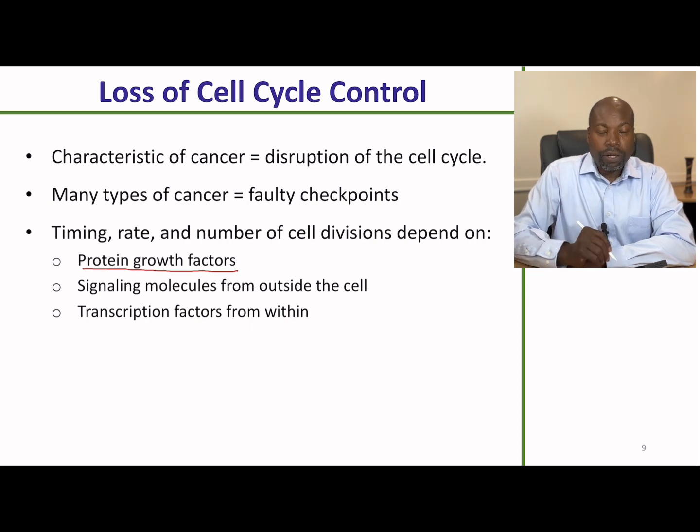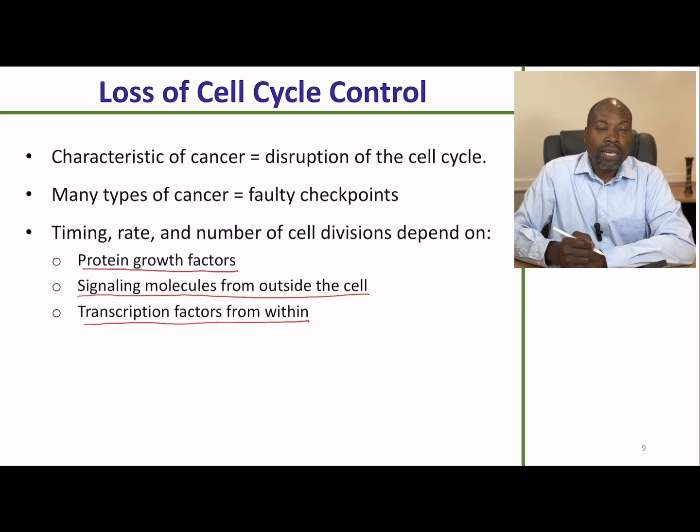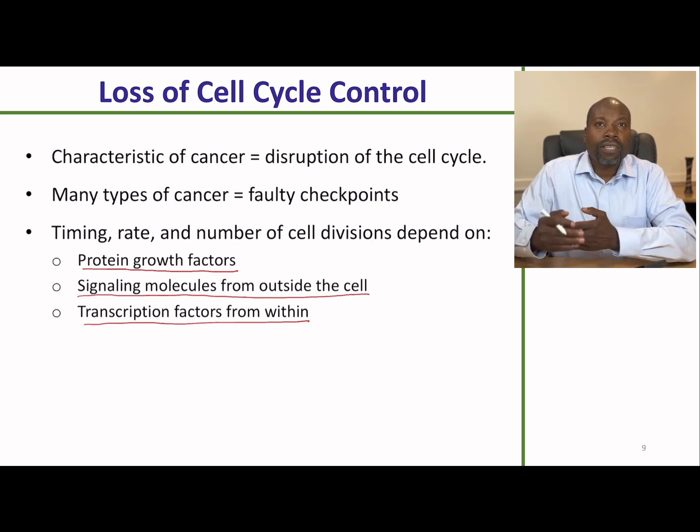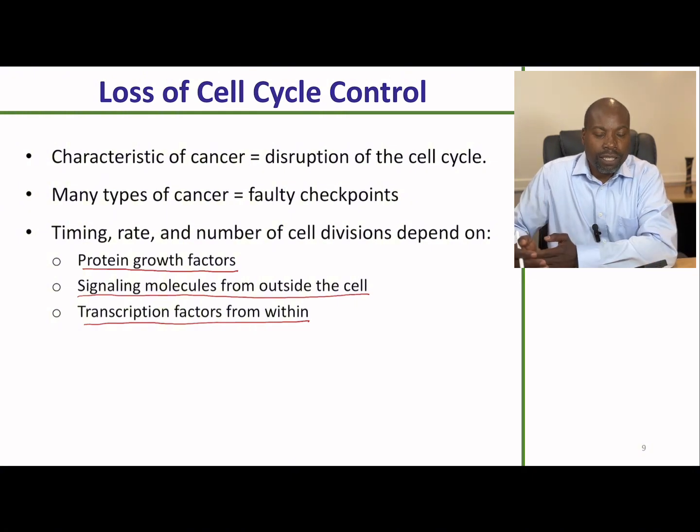Then the other level is the signaling molecule from outside, right? That keeps stimulating the cells to divide. Then we have the transcription factors from the inside. These transcription factors can be active all the time and cause uncontrolled gene expression, which is going to cause overexpression of a gene.